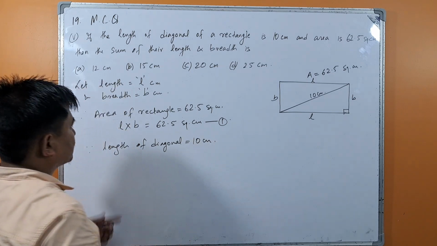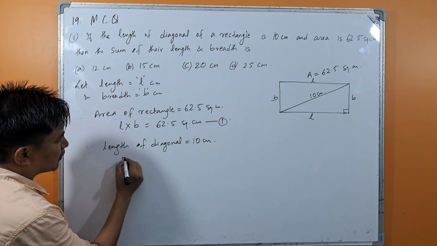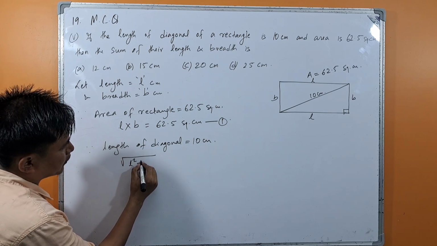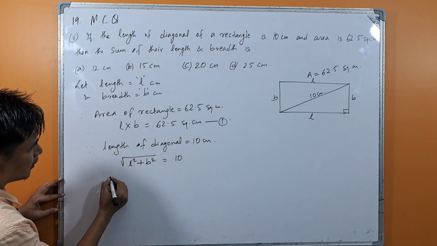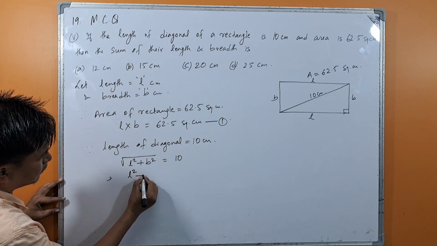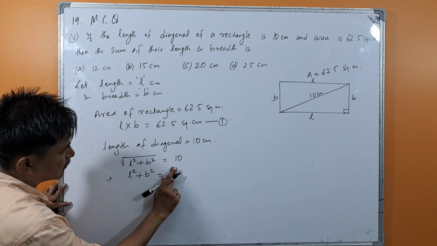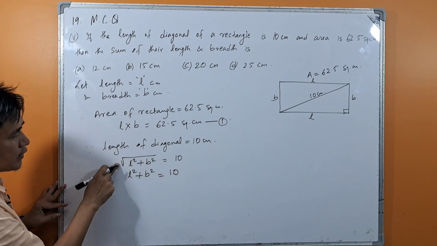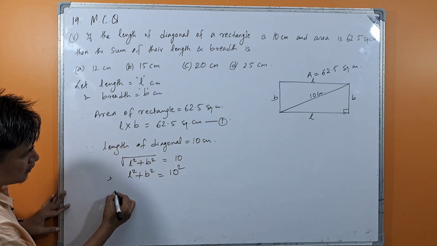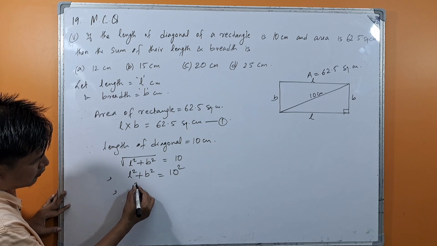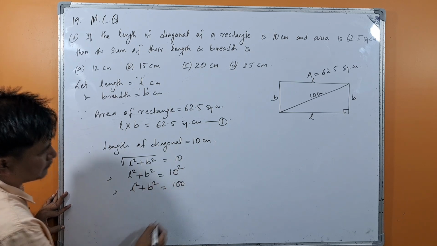So the formula for length of diagonal of rectangle is root under length square plus breadth square, that is 10. We take this square root to the right hand side, this becomes square on the other side. Or L square plus B square equal to square of 10 is 100.